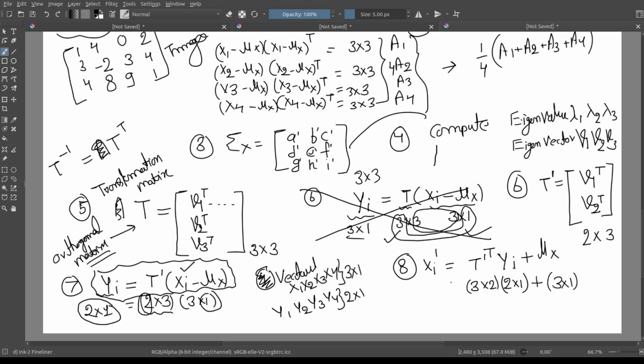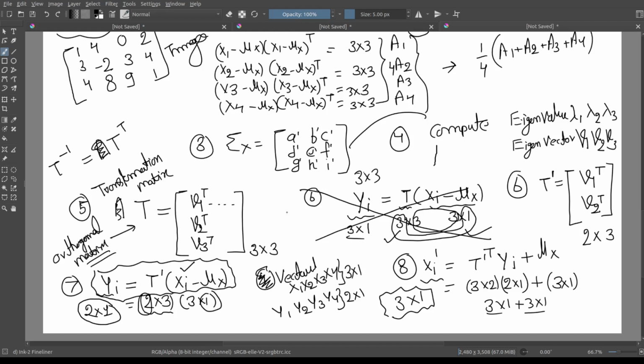So what will be the dimension of the reconstructed xi prime? It is 3 cross 1 plus 3 cross 1, which will give you 3 cross 1. So always remember, the original feature vector and the reconstructed one will always have the same size.